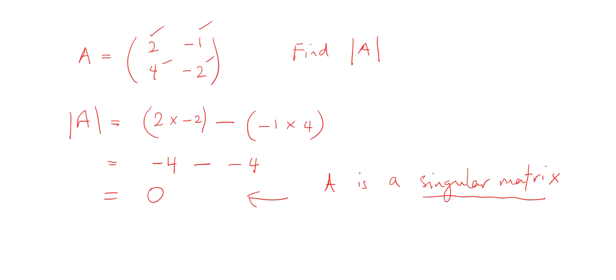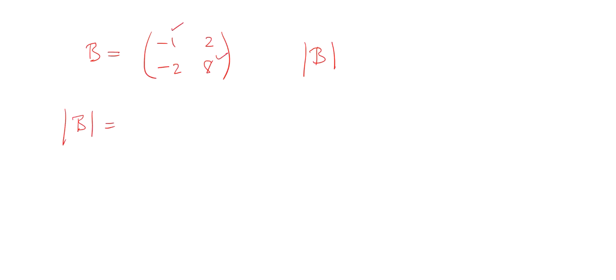Alright, so I'm going to give you another example. Let's say I have a matrix B, and it is minus 1, 2, minus 2, 8. And I ask you to find the determinant. So the determinant of B is equal to, I take this term and multiply by this term.